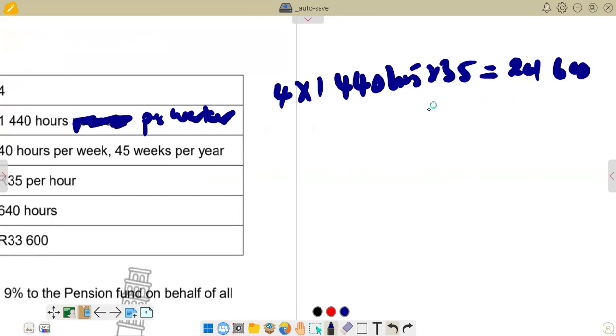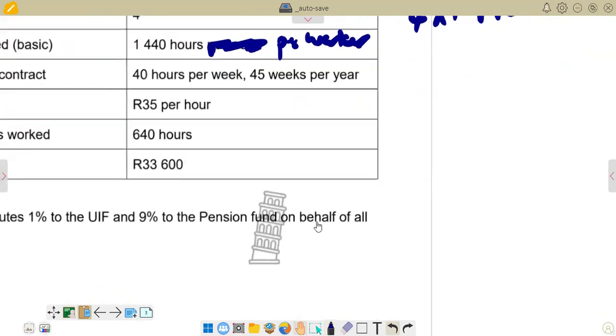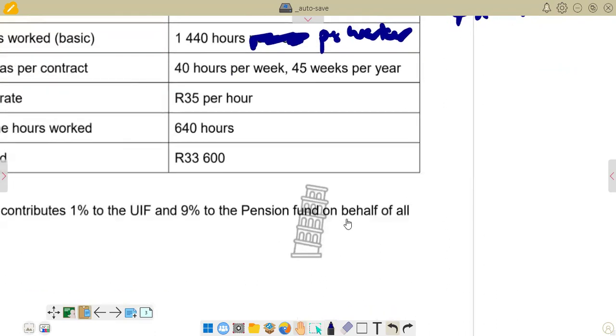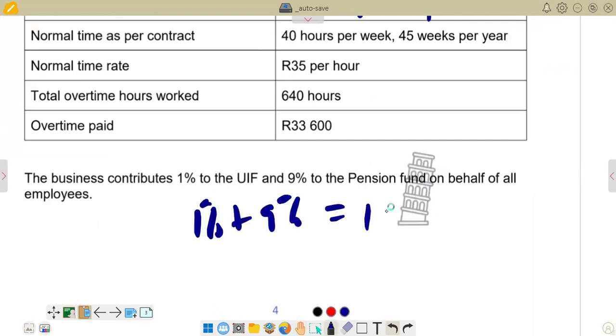Then from there, we go down. We have some additional information that we are given in terms of our contributions. The business contributes 1% to the UIF and 9% to the pension fund on behalf of all employees. So what does it mean? We're going to say 1% plus 9%, we're going to get to 10%. And this would be times your normal wage, so that you get your contribution.